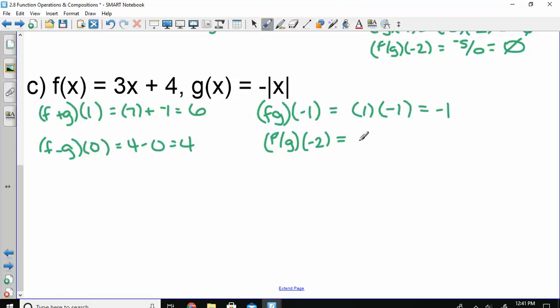So f of negative 2 is negative 2. G of negative 2, the opposite of the absolute value, will be a negative 2. You get 1. Questions there? Are we all right with these evaluating?